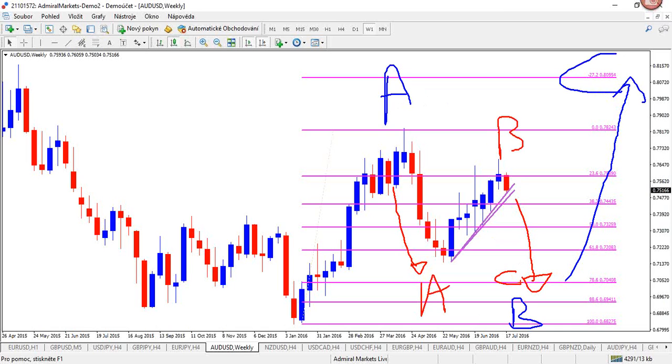But we'll only know once this weekly candle turns bearish like it is now, or if these two trend lines break, and then we could expect that downside to test the 70.40 level at the 78.6 fib.